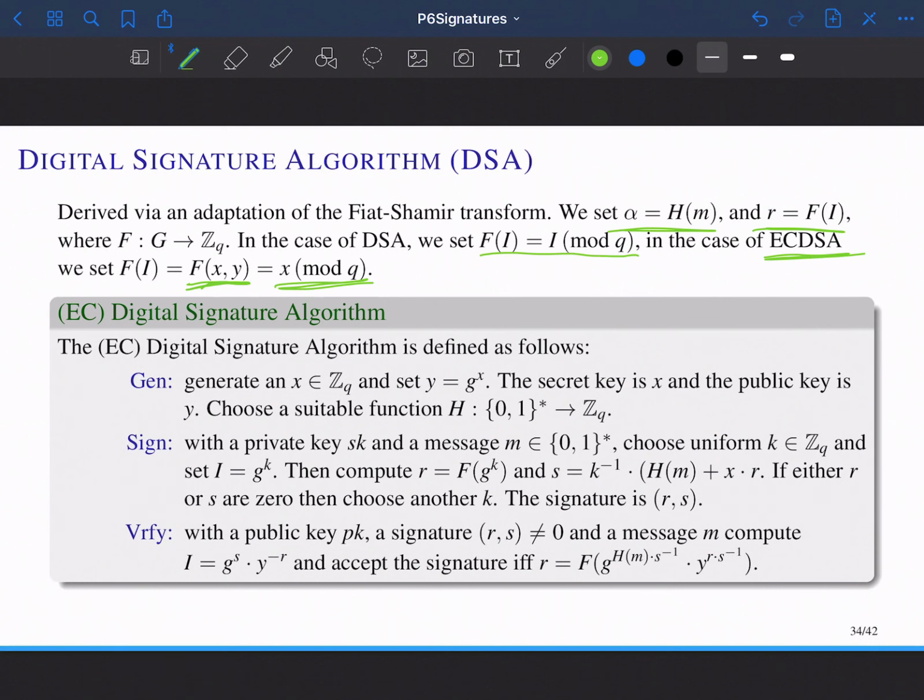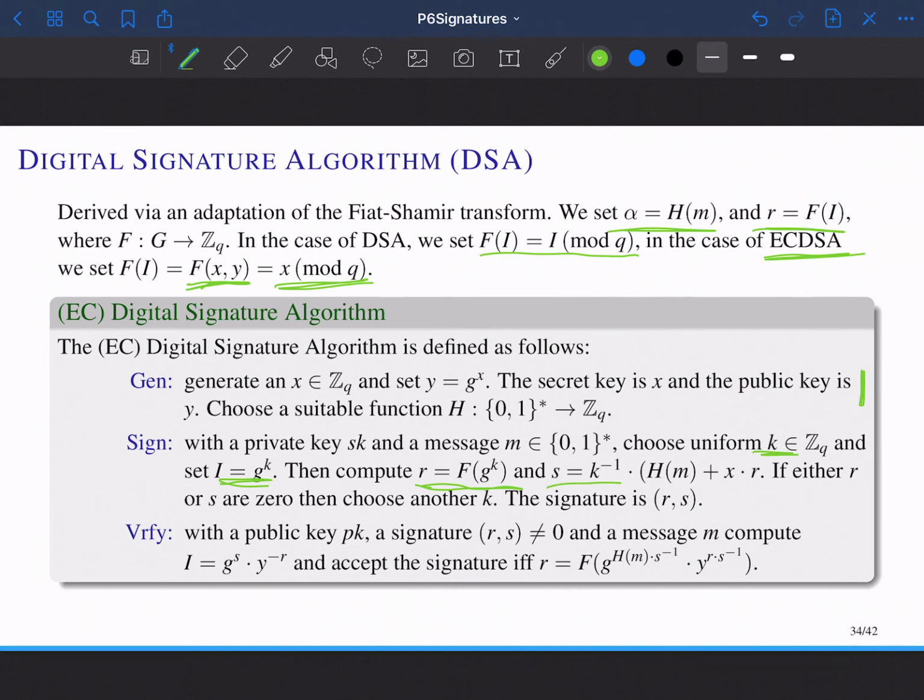So the digital signature algorithm is then defined as follows. Generate a secret key and a public key, whatever your underlying group is. And then when you sign a message, we take the secret key, we take the message, we now sample a uniform k, and we compute our commitment, which is g to the k. And then we compute an r, which now is either just g to the k, or it's just the x coordinate of the elliptic curve point that results from the analogous operation.